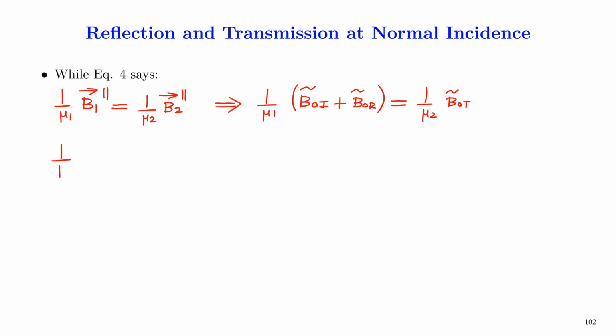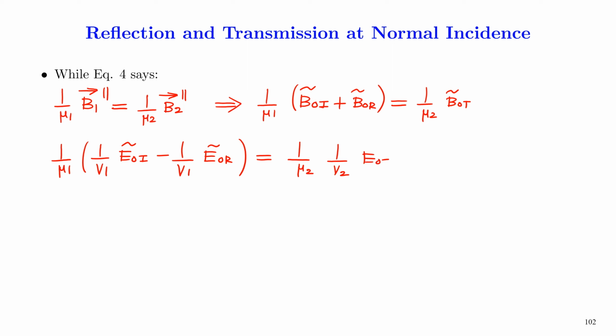This is again 1 over μ1 times 1 over v1 (E_0I minus E_0R) equal to 1 over μ2 times 1 over v2 E_0T.